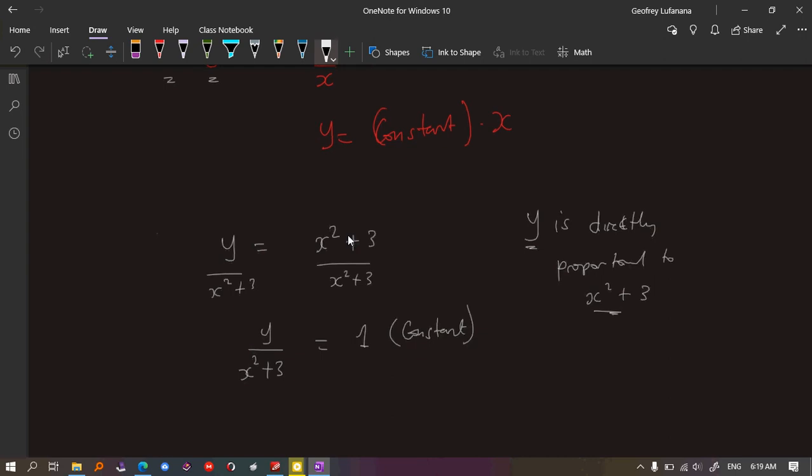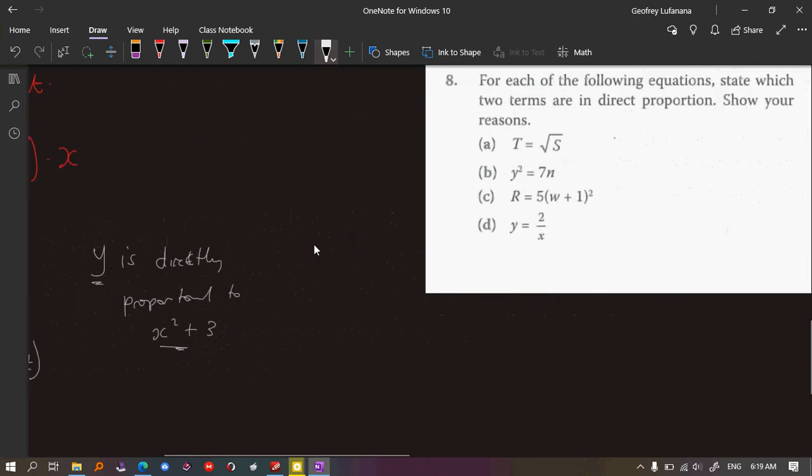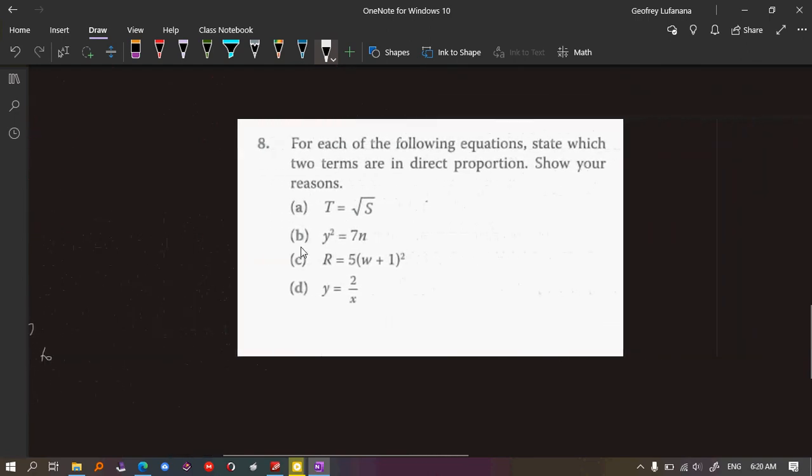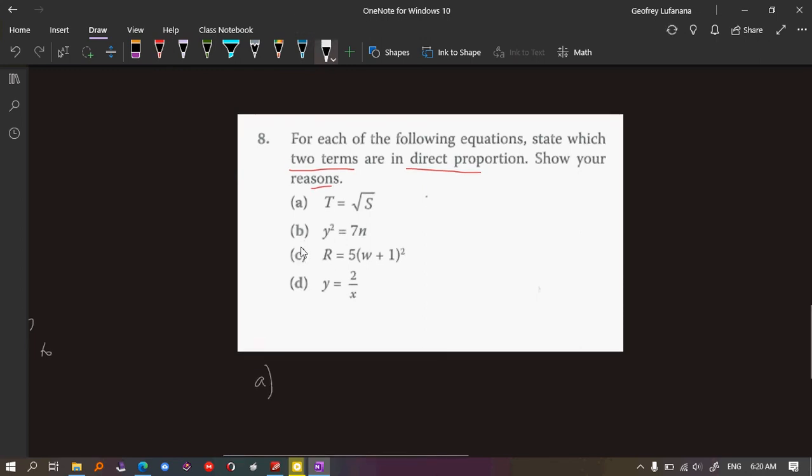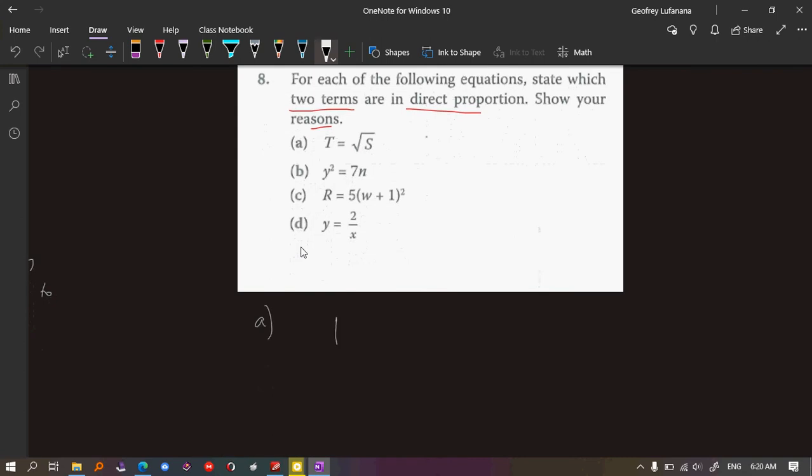Let me illustrate with the homework from yesterday. We have questions, and they've asked us, for each of the following equations, to state which two terms are in direct proportion and show your reasons. Let me start with part A. I have t equals square root of s.